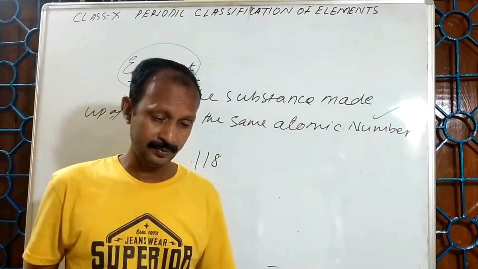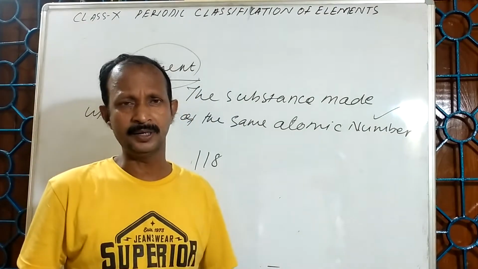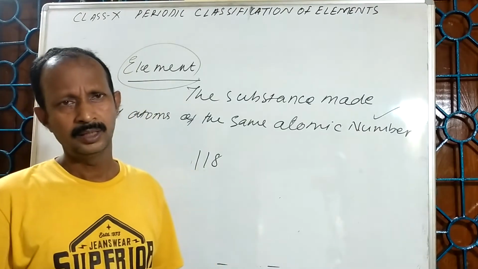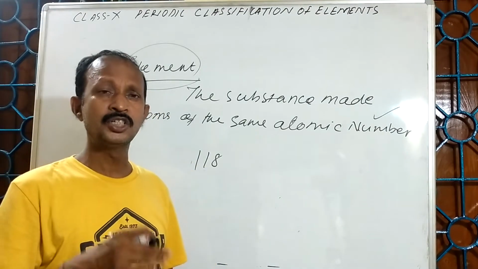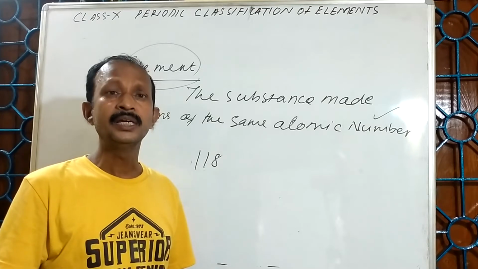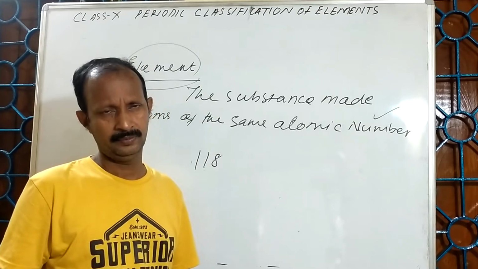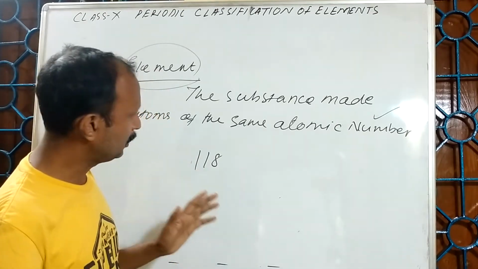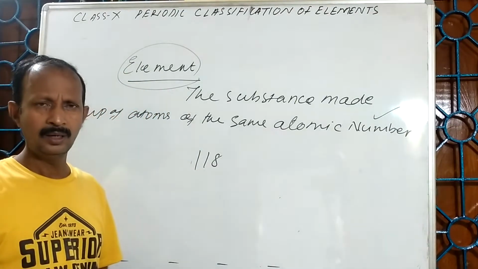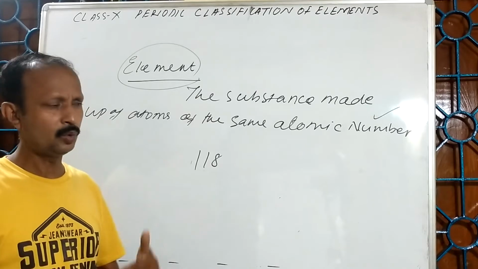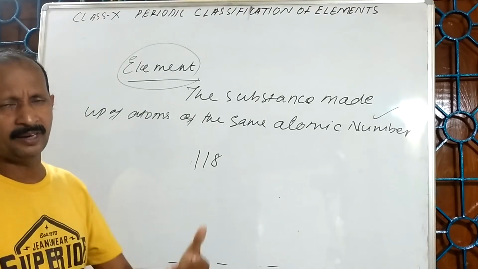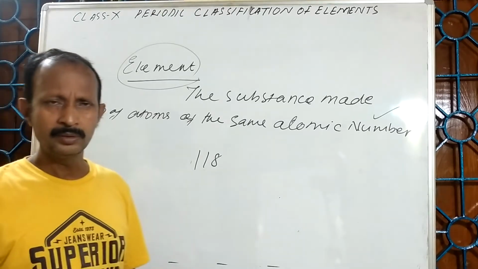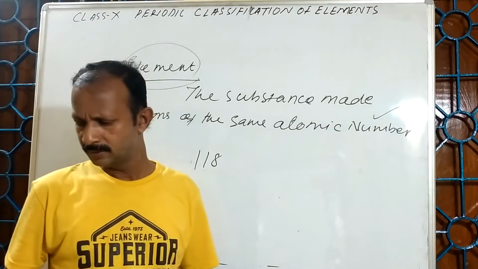I said that the reason behind the idea of classification of elements is to study the properties systematically in an easy manner. For that purpose, scientists decided to classify the elements. We are going to discuss the patterns made by different scientists.